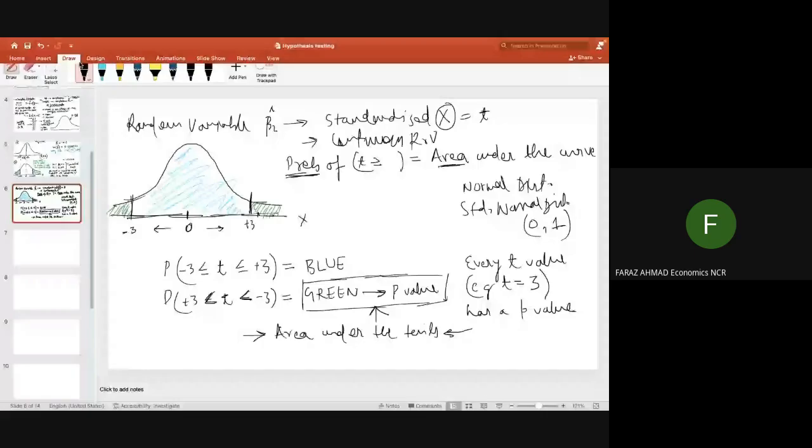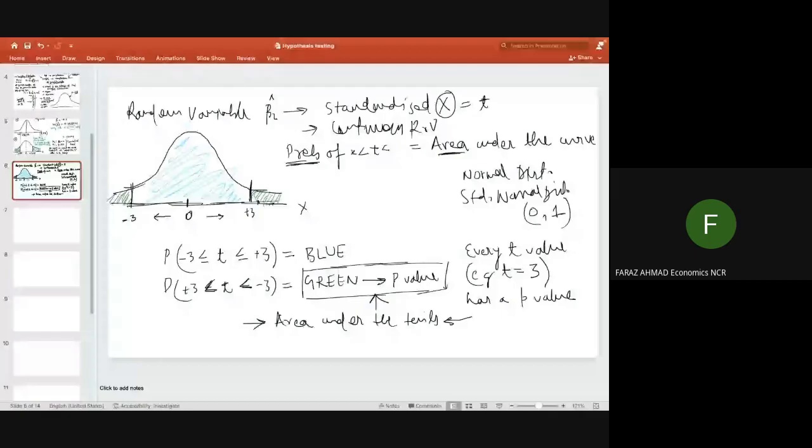Being greater than or less than, it's not always like this. This is for one tail, so I'm talking about two tails, so let me write it in terms of two tails. So a t value greater than some value x and less than some value y.